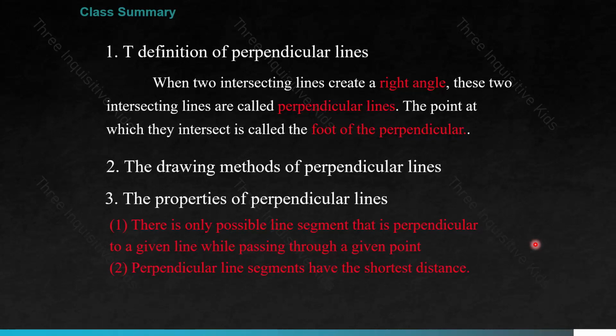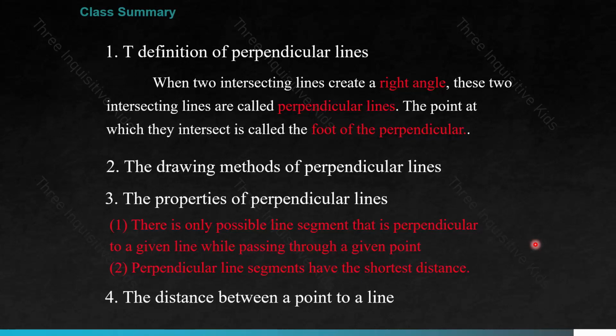There is only one possible line segment that is perpendicular to a given line while passing through a given point, and that perpendicular line segments have the shortest distance between a point and the line. Again, that runs into our fourth point, which is the distance between a point to a line.